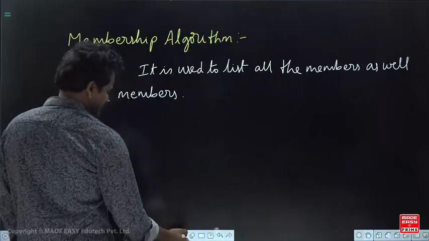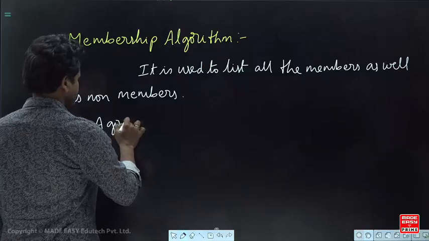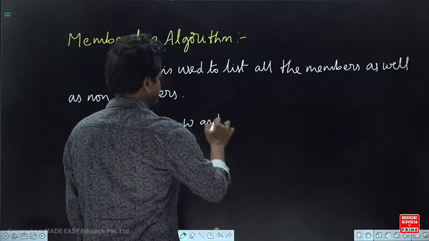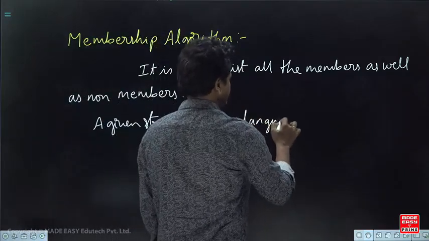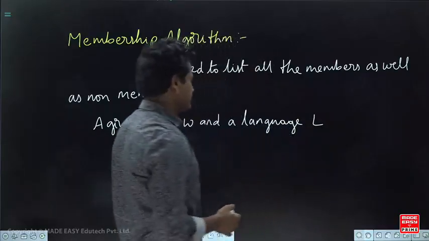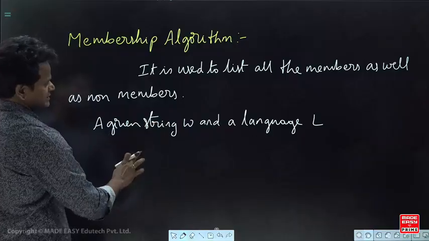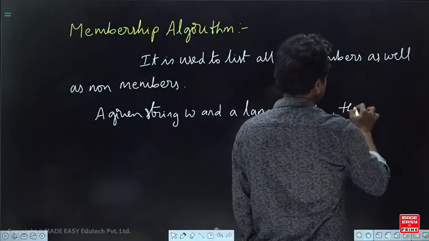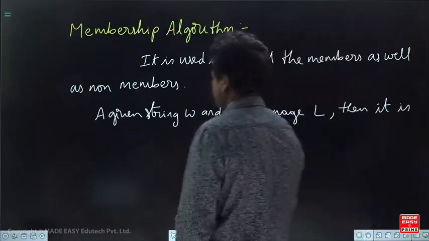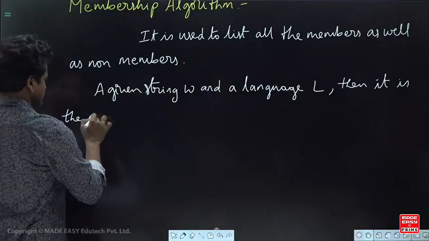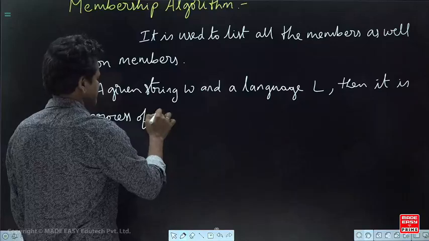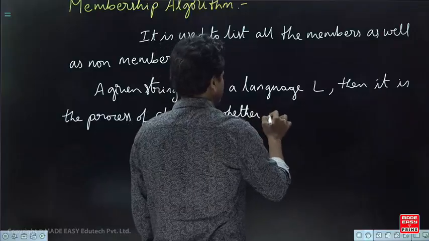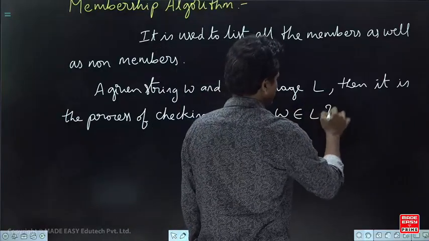What is membership algorithm? Already we have discussed: a given string W and a language L. It is the process of checking whether W belongs to L or not.